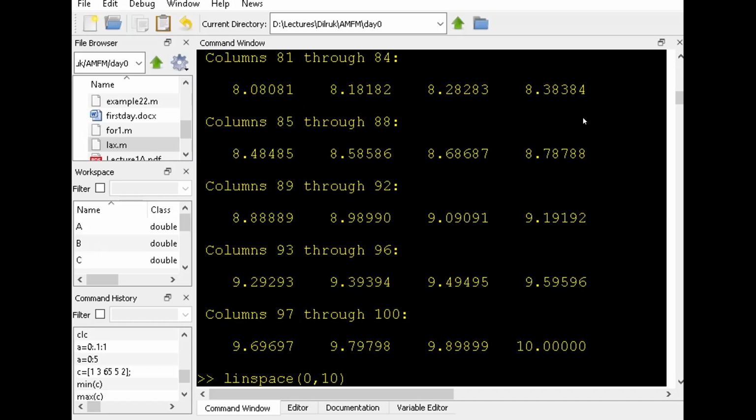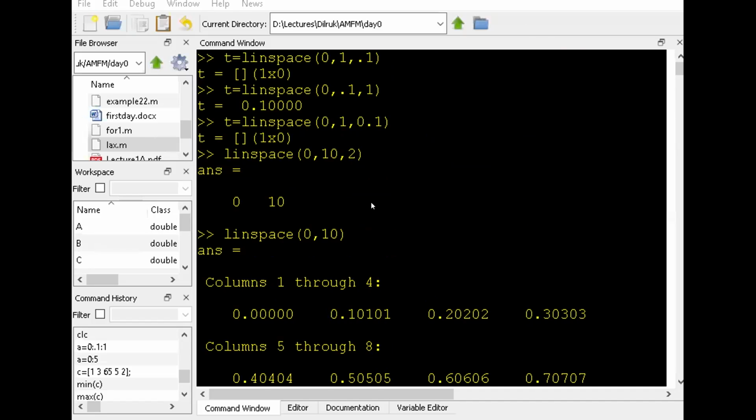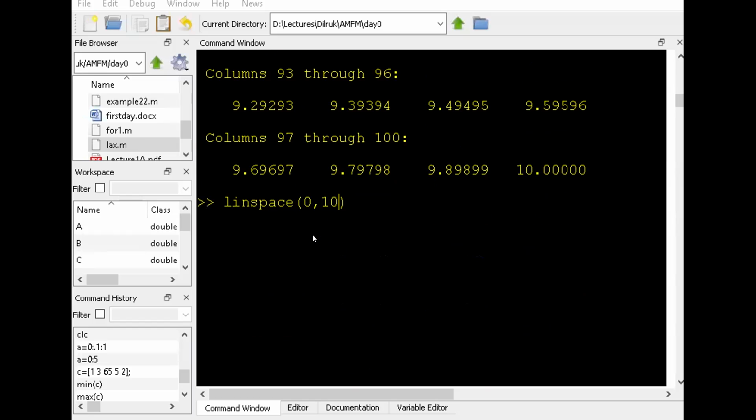Can you help me with this? You should put the last number as the number of points you want to take. It's not the increment. Okay, thank you.